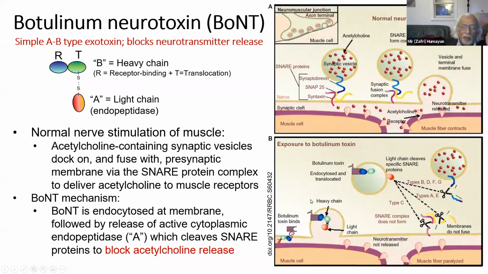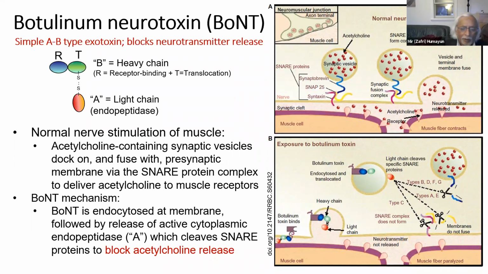In normal muscle function, normal nerve stimulation of muscle, a small molecule called acetylcholine is released into the synaptic cleft, where it is taken up by the muscle cell, and that acts as a signal for the muscle to contract. So in order to make a muscle contract, the axon has to deliver acetylcholine to the synaptic cleft, where it is taken up by the muscle cell, and that leads to contraction.